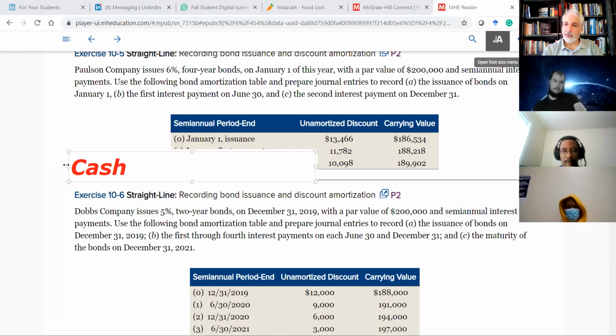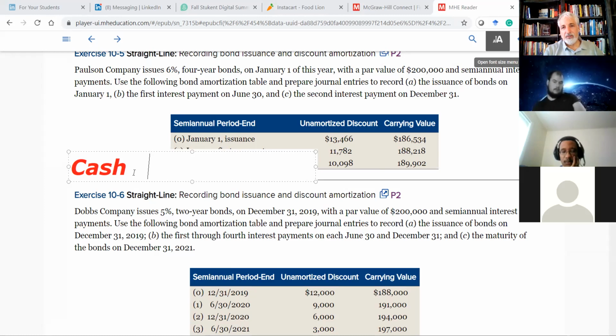That's how I make a living. Stan, what you got? How much cash did I pay for this bond? Or did I receive when I issued this bond? I know you're there. $200,000 bond. I didn't get $200,000 cash, did I? No. And did I get more or less than 200,000? Well, there's a discount there. Did I get more or less? Less. How much did I get?